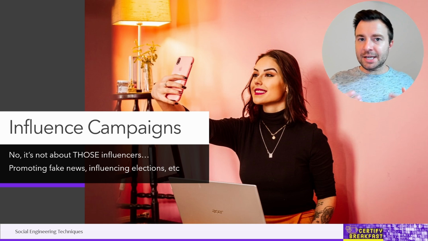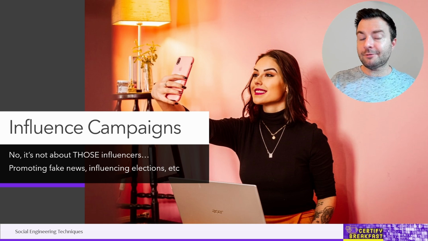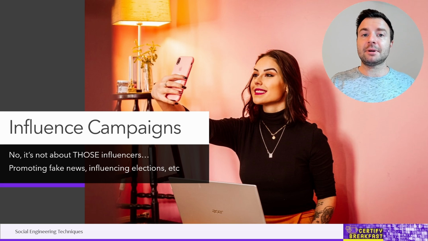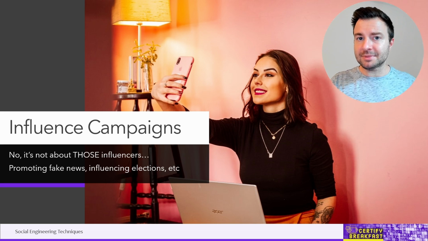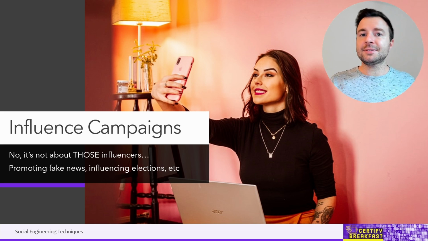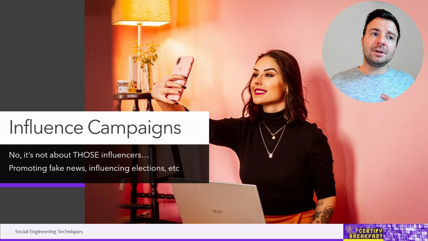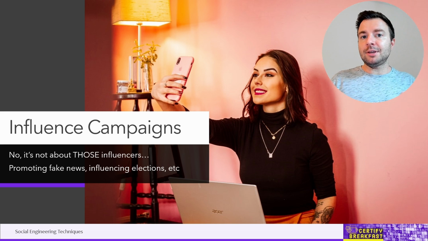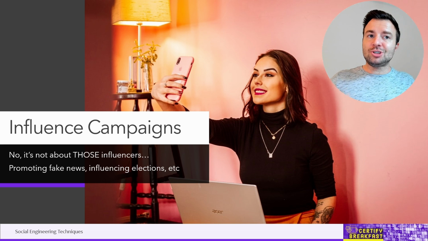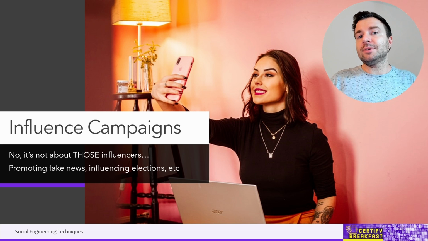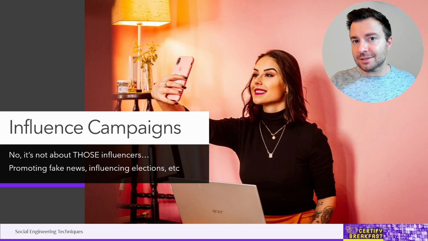Oftentimes, these are networks of bots, of fake accounts, some of them directed by machine learning algorithms that constantly scan social media, try to promote fake news, fake websites, try even to comment on news, giving them the appearance of being from a legitimate source and trying to change or influence the public opinions on a specific sensitive matter.